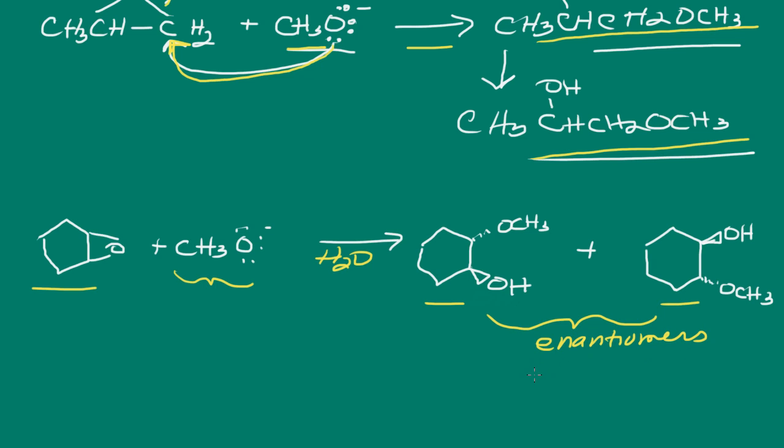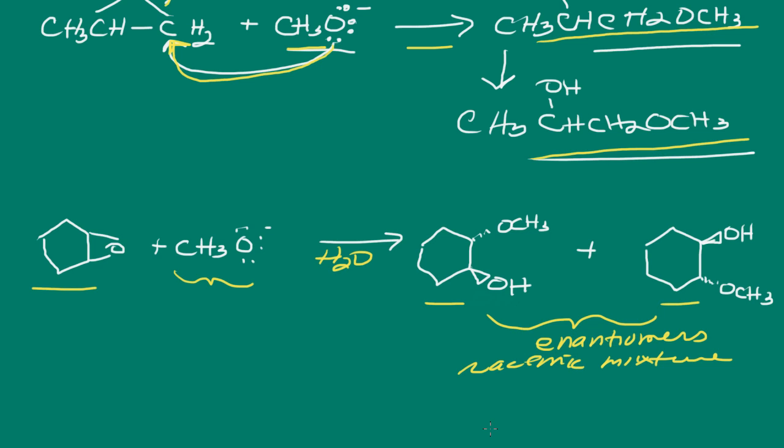And these are actually the trans 1,2 disubstituted cyclohexanes. And again, each one has two stereogenic centers. And because in this case both carbons were equivalent, we'll end up with a racemic mixture.